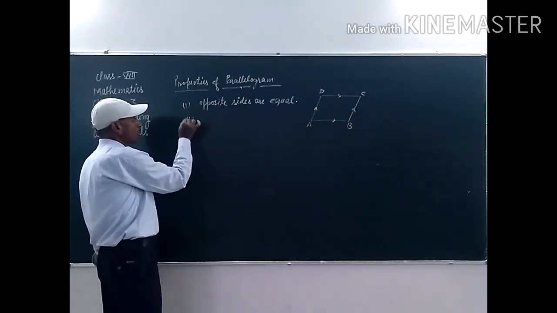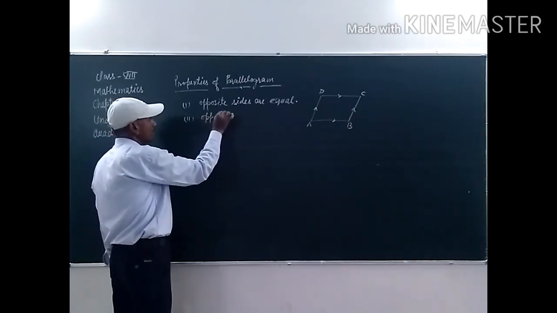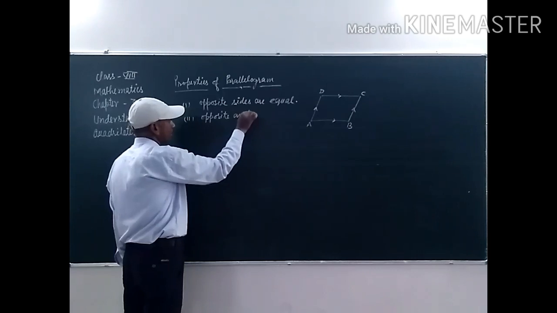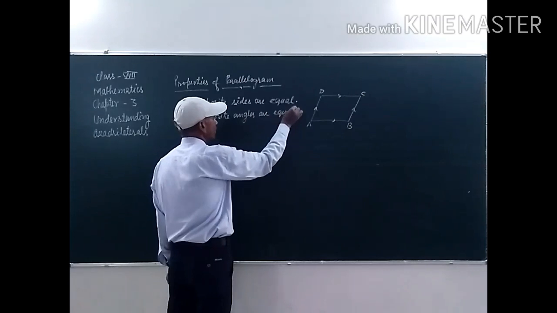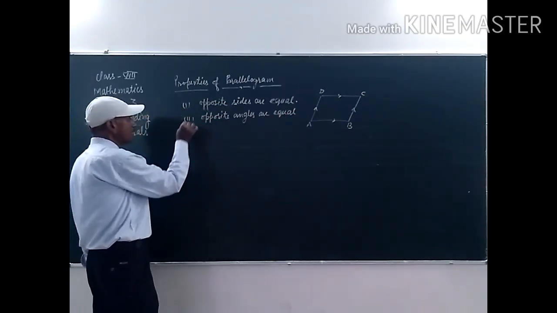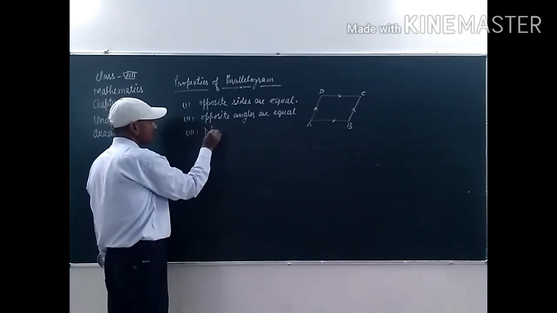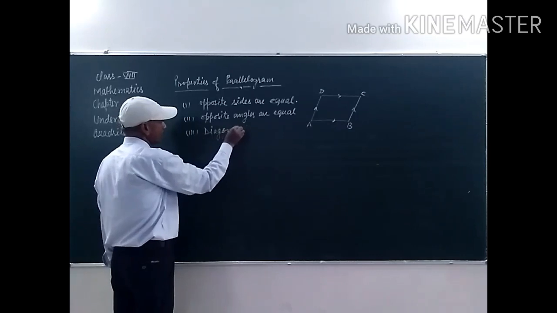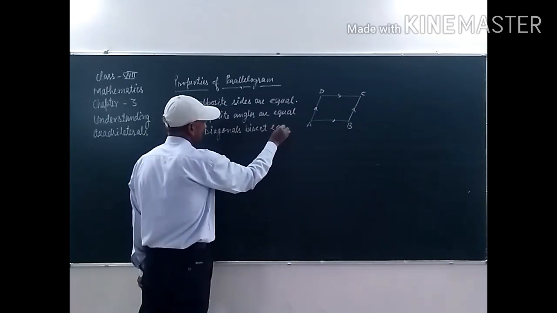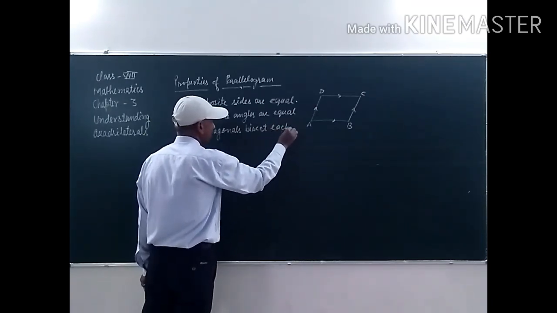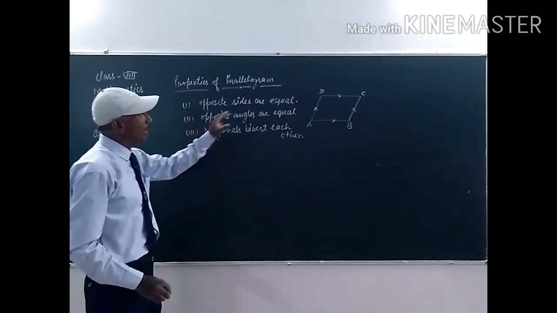Second property of a parallelogram, student, is that opposite angles are equal. And third property of a parallelogram: diagonals bisect each other. There are 3 special properties of a parallelogram, student.